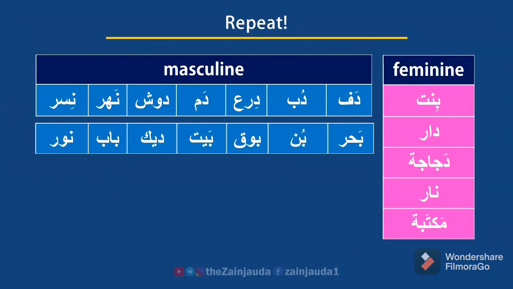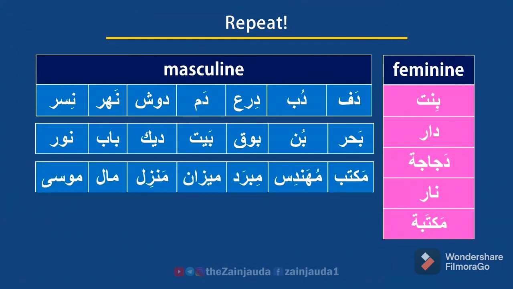نور. مكتب. Notice that the words before this word, the masculine ones, are all one syllable words. Now مكتب is a two syllable word. مهندس, three syllables.